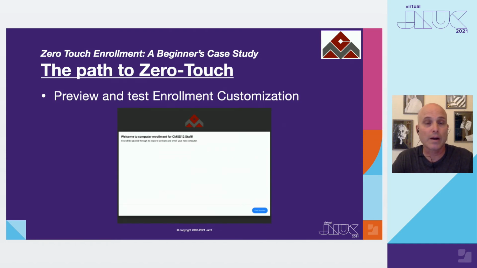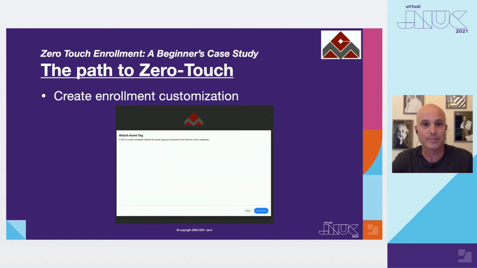So here's what our enrollment customization looks like. We have a welcome screen. We used our logo up at the top of the screen. That's just the standard logo for our school district. So it says "Welcome to enrollment for D12 staff." And on this page, we ask them to attach the asset tag to the bottom of their computer.